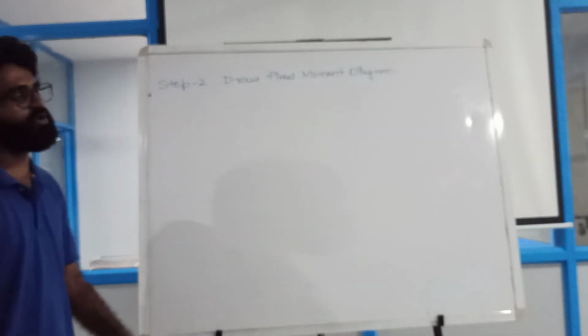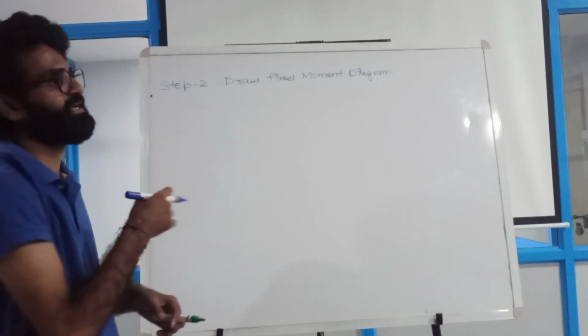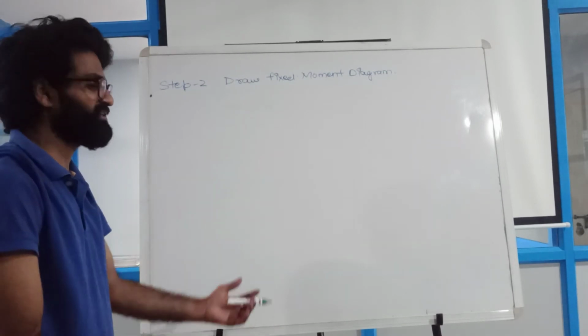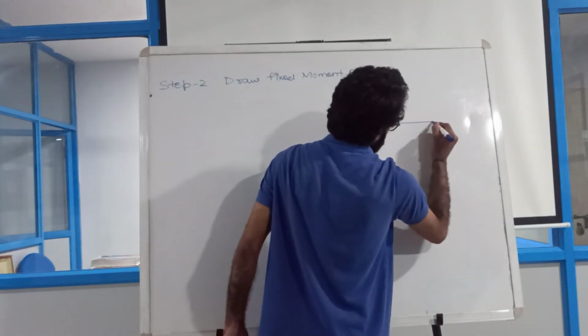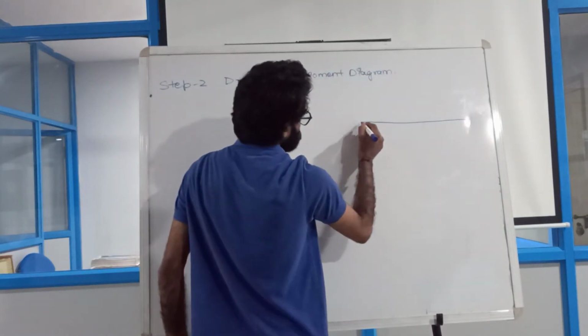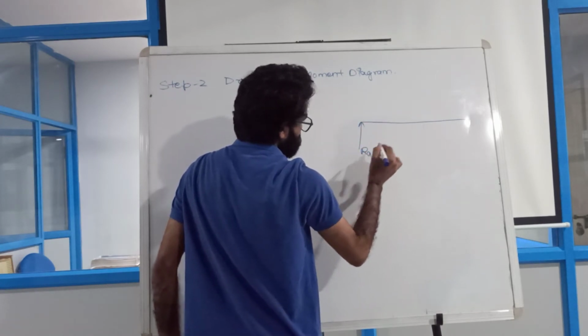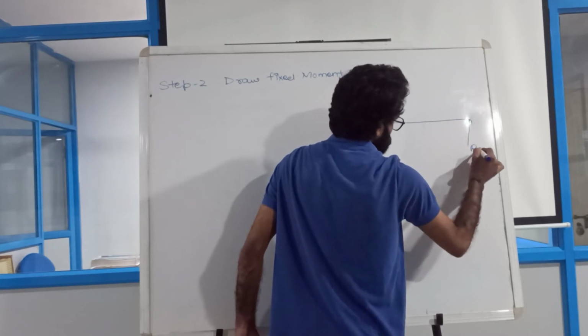How to draw this? I have repeated this before. If anyone has seen my previous classes, they can do it easily. First I will draw the fixed moment diagram. Here I take RA, and here small RB.